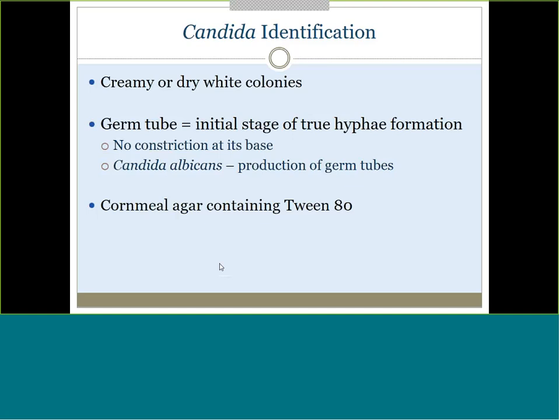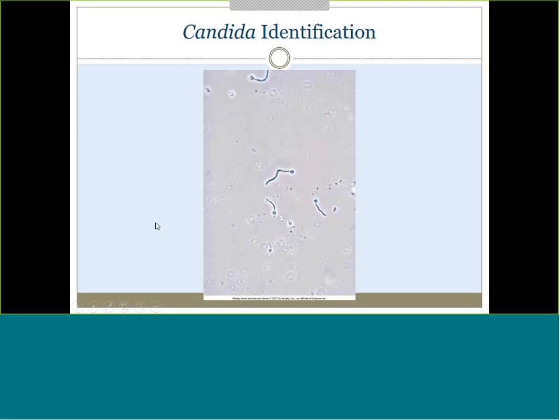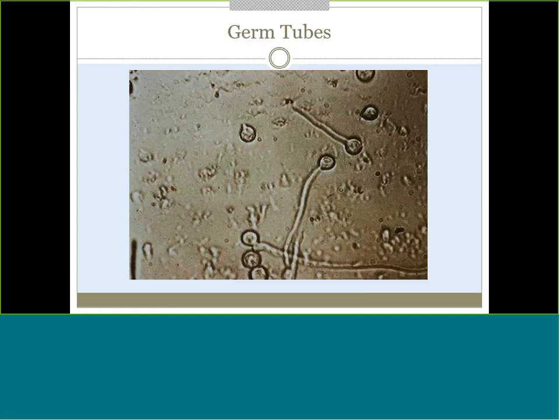They kind of look like sperm. When you see the picture, you're going to think it looks like sperm. You can also grow yeast on Tween agar, just so you know. But there's the little germ tubes there. Like I said, they look almost like little sperms. But that will give you a positive for Candida albicans. So know what a germ tube looks like and know that it tells you you have Candida albicans present.